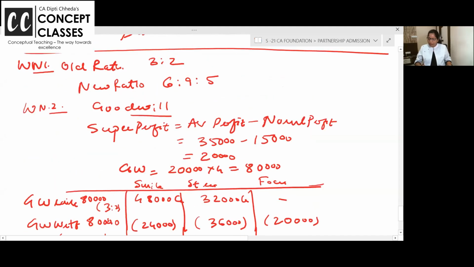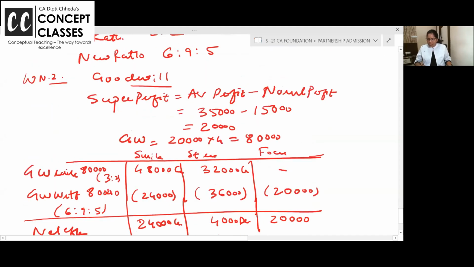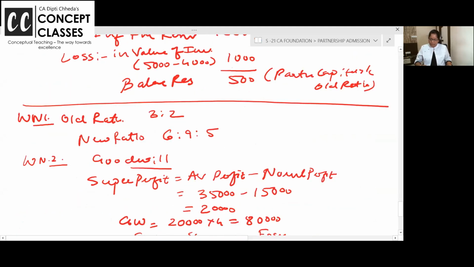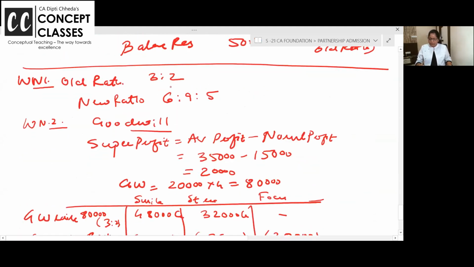Right. And I hope all the revision is helpful. And कल हमने यहाँ से किए थे. We have prepared working note. 3:2 new ratio. It is given to you in the problem. New profit sharing ratio आपको तैयार दे दिया है.